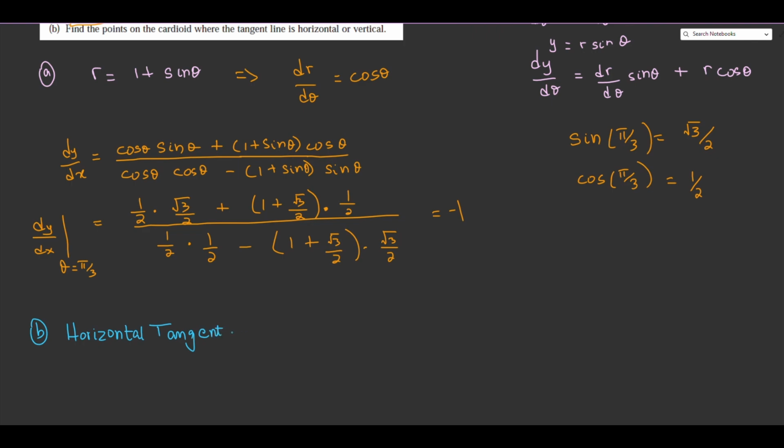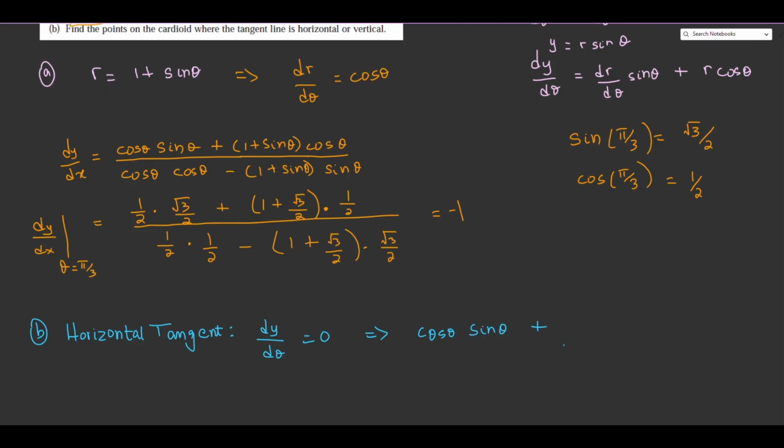From the previous lecture, we know that we can find the horizontal tangent by substituting dy by d theta equals 0, and that will give us the following. For example, if I put dr by d theta equals 0, dr by d theta is equal to cosine of theta multiplied with sine of theta.